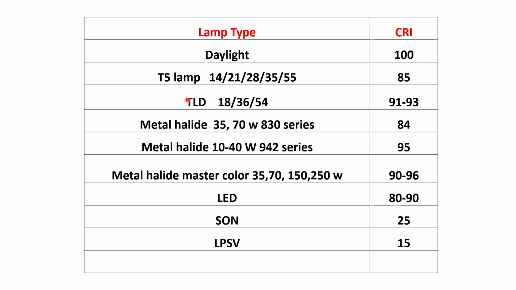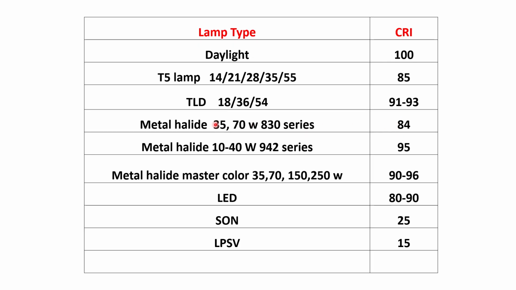We have another lamp series which is known as fluorescent type TLD, 18 watt, 36 watt or 54 watt, having good color rendering index. Then we use metal halide lamps in 35, 70 watt series, giving a color rendering index of 84.